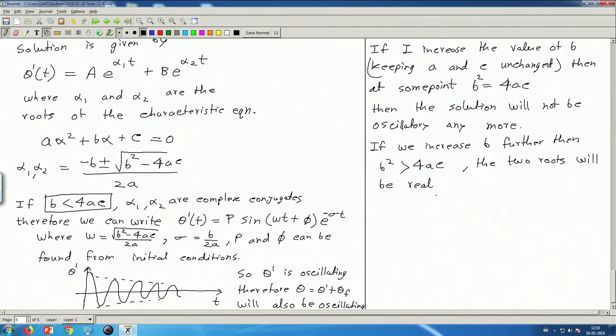They will be of the form minus b plus minus root over b square minus 4ac. Now b square is greater than 4ac, so this will be a positive number, so both the roots will be real. So again, theta will not be oscillatory.